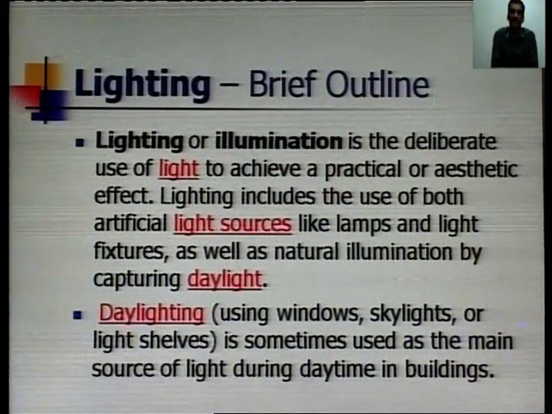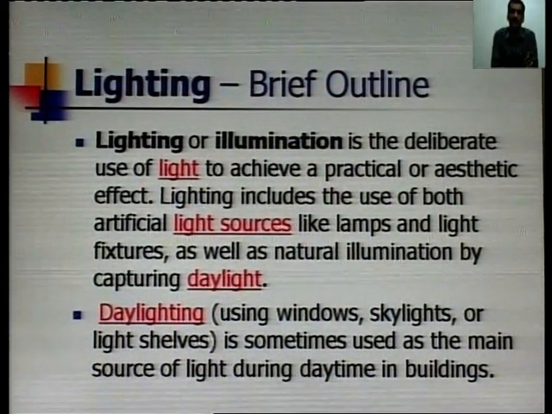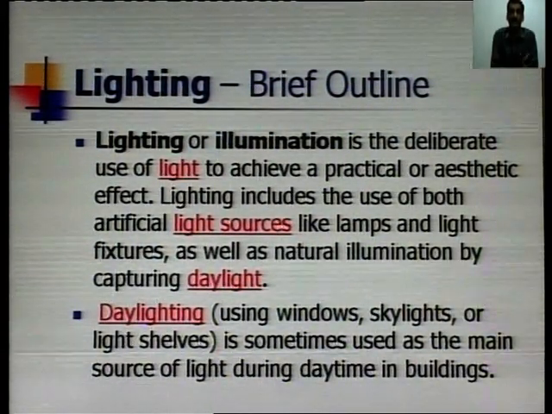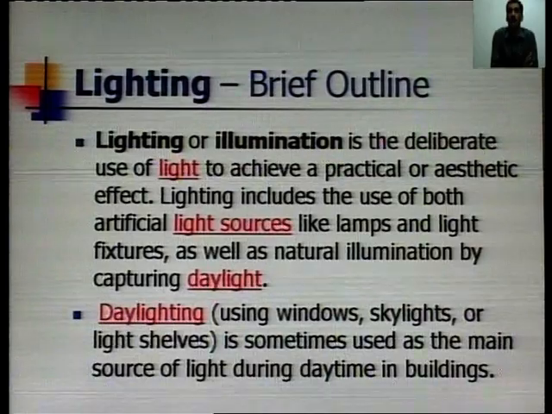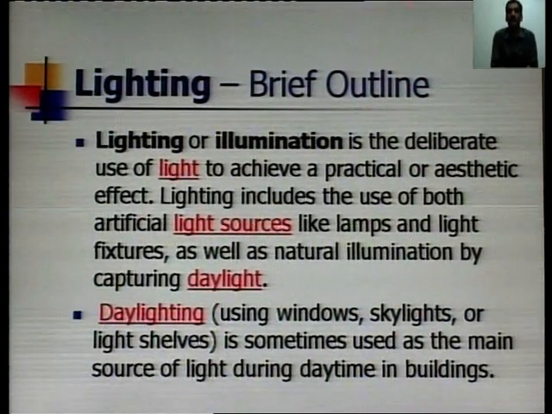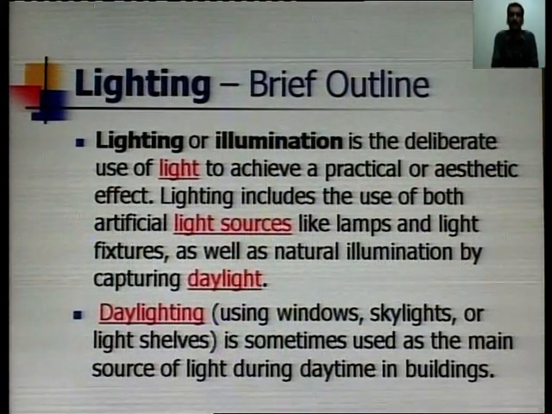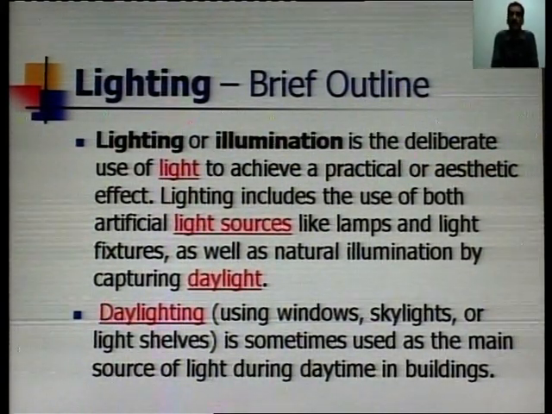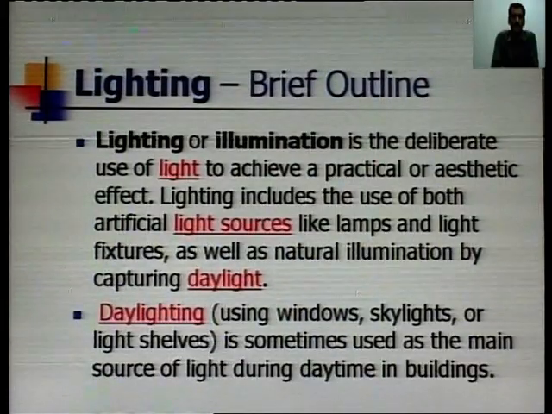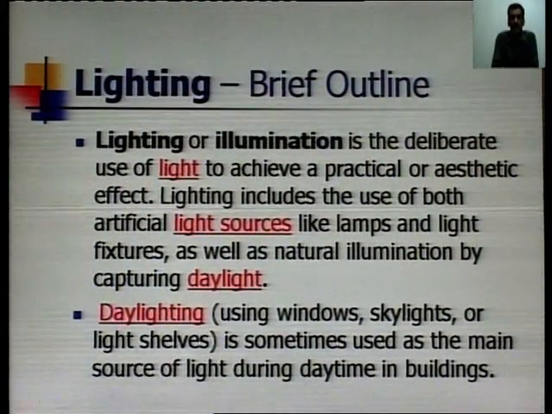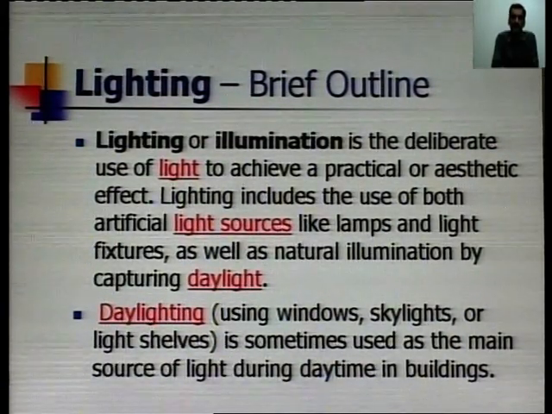So lighting includes artificial lighting, and our normal daylight, the sunlight, is also part of it. So we have to correlate both the things, and how well we correlate, that is what the lighting and illumination part is. Illumination will be mainly in the interiors, and lighting includes interiors, exteriors, and everything.